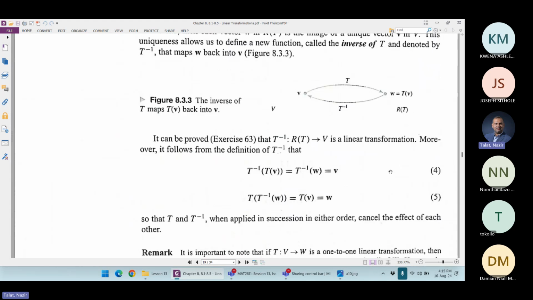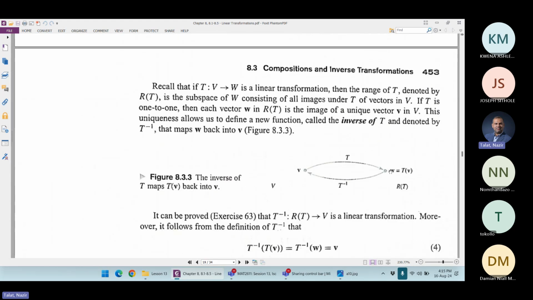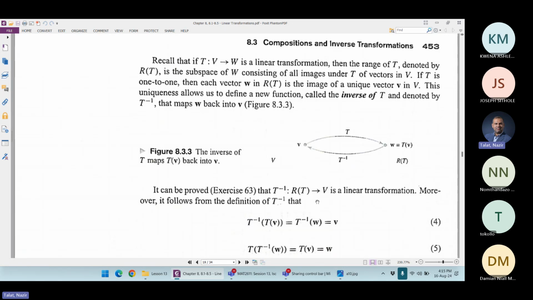If we have an inverse, then one can find the inverse whenever our operator is invertible, like when you have a linear transformation which is 1-1 and onto, then its inverse exists. If T is a mapping from V to W, then T inverse is a mapping from W to V. It just reverses the elements.